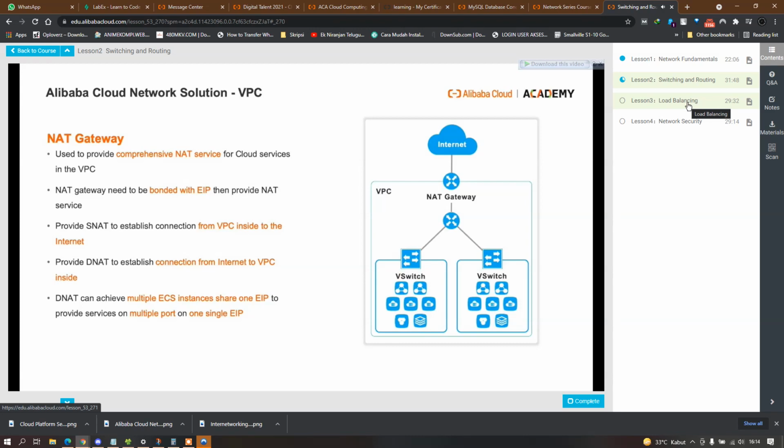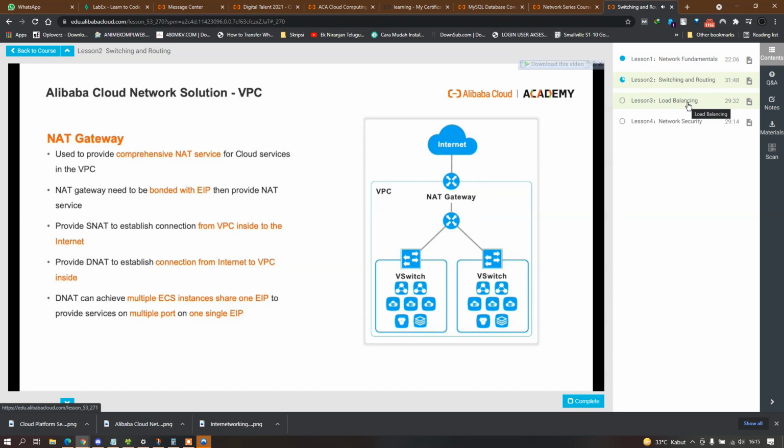The EIP also has these two points, but the DNAT of the NAT gateway can allow multiple ECS instances to share one EIP to provide services on multiple ports of one single EIP. Because just now we were talking about the EIP, and one EIP can only be bound to one ECS instance, right?